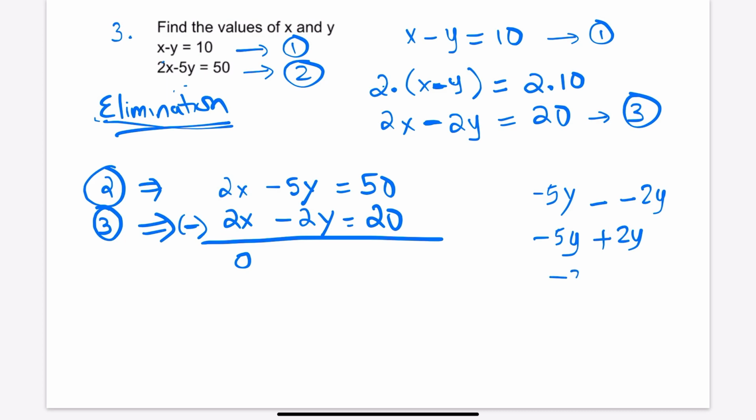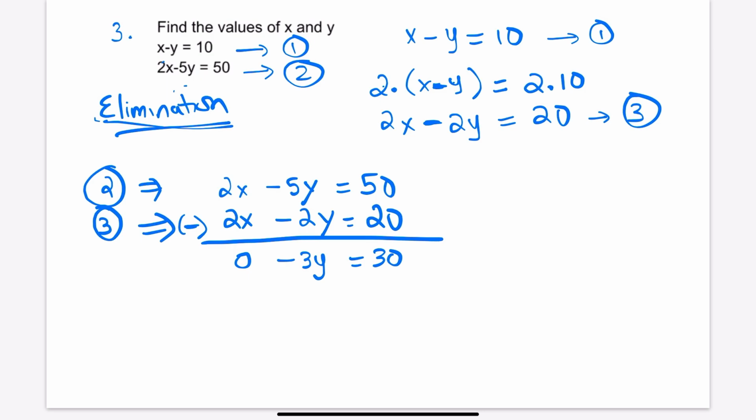Negative 5 plus 2 is negative 3 times y. So this is negative 3y, and we are left with 50 minus 20, which is 30. So this is what we have so far.